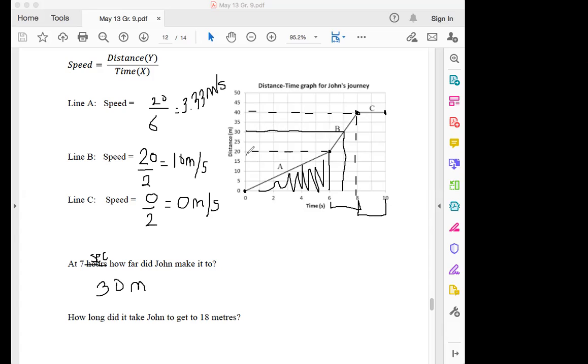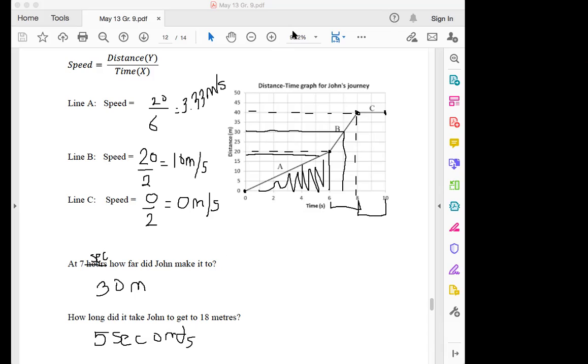We're going to look here at about 18 until we hit the line, and the line's at about 5 seconds. And that's it for that one.